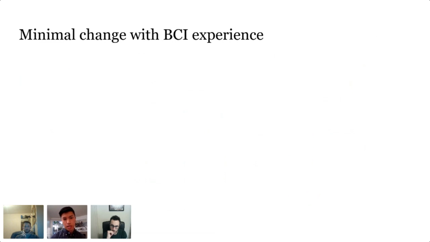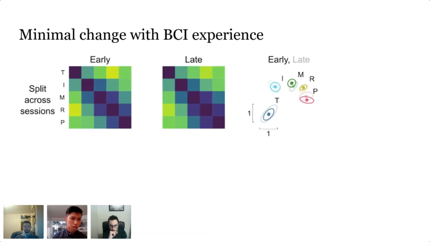When I described the task optimal model, I also mentioned learning, and perhaps the participant had learned to produce the specific organization. If so, we would expect to see this learning modify the representational structure with usage. So we also checked that the RDMs were consistent across sessions. Here we split into the early session and the late session, and you can see visually that they're similar.